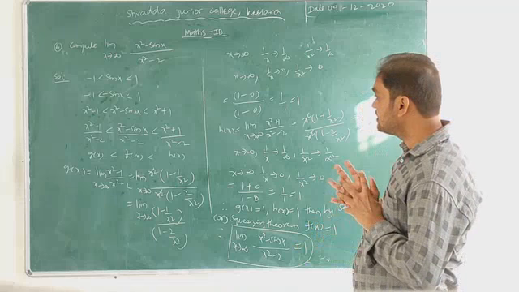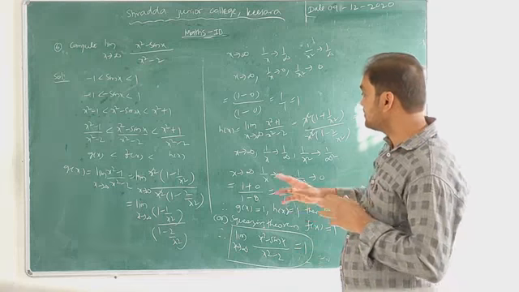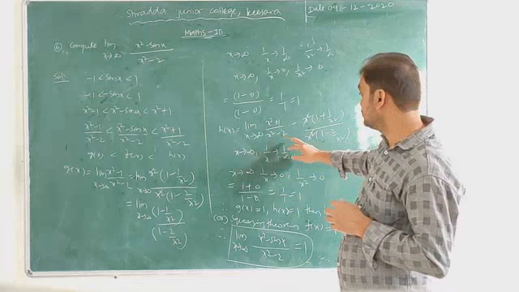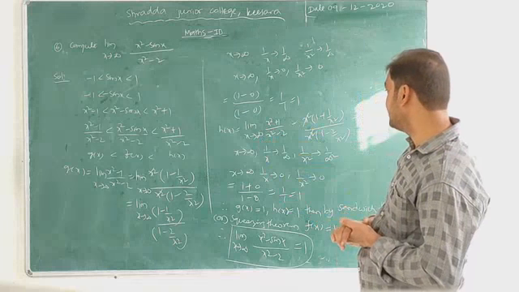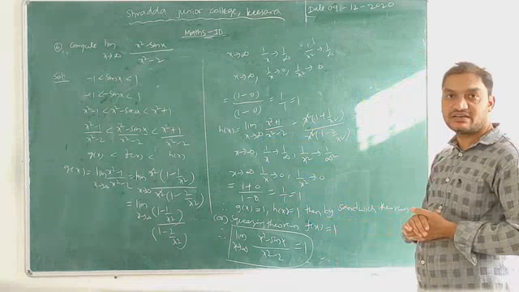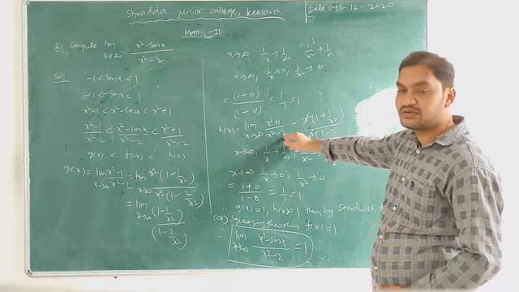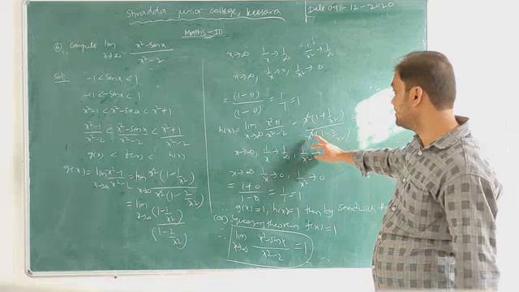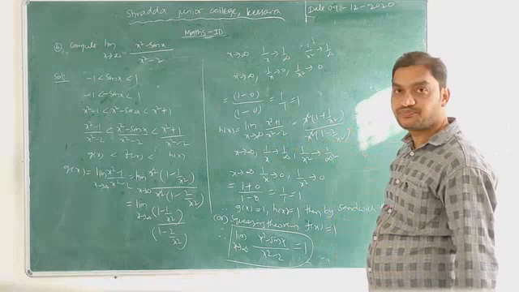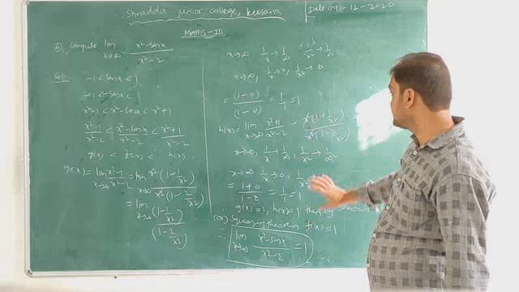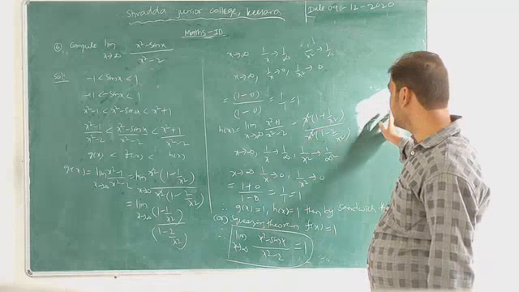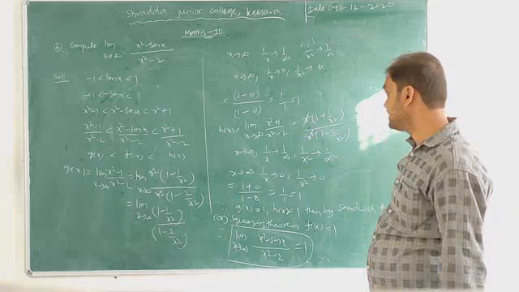Next take h of x. What is h of x here? x square plus 1 by x square minus 2. In the numerator, x square we are getting common, then 1 plus 1 by x square. The denominator is also x square we are getting common, then 1 minus 2 by x square. x square gets cancelled. Then 1 plus 1 by x square over 1 minus 2 by x square.